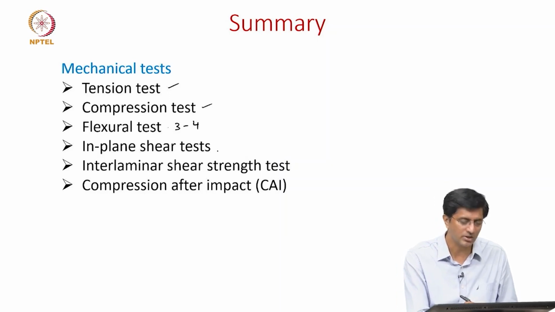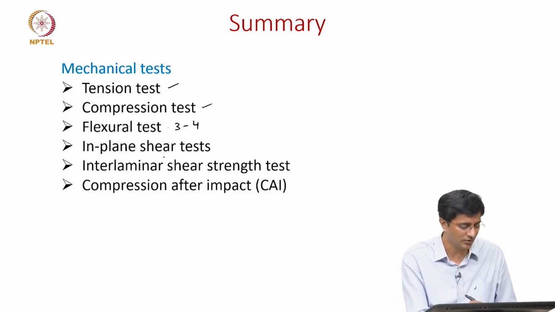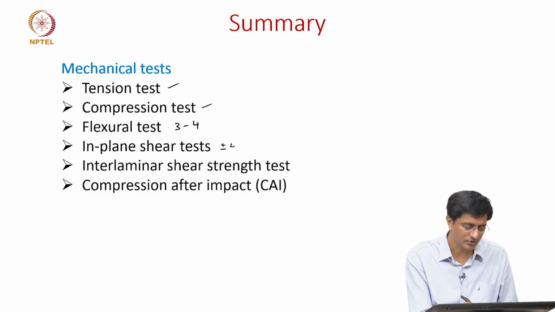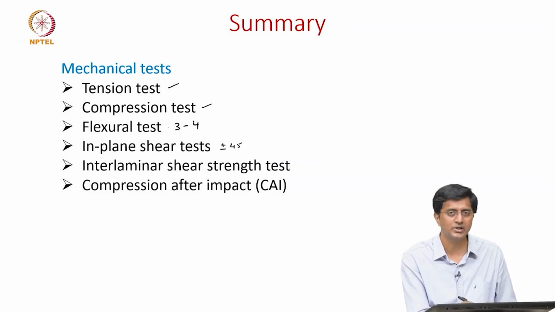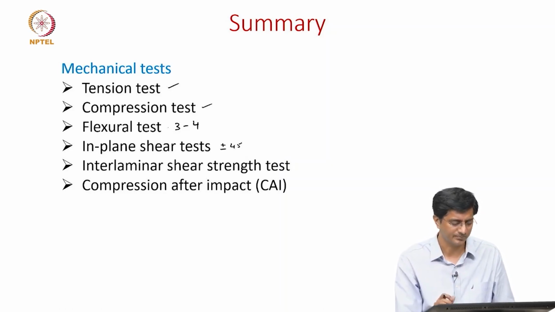Later we also discussed two different fixtures one can use to find the in-plane shear. One is the plus or minus 45-degree shear test, and the other is the one with double notches and 4 loading points, where we said at the cross section between the notches one can achieve predominantly shear stresses.